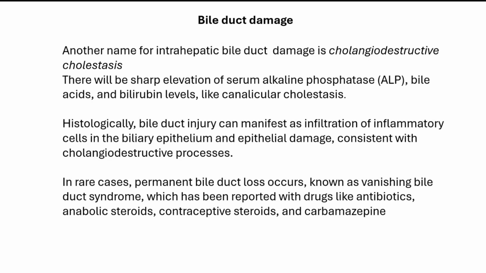Histologically, bile duct injury can manifest as infiltration of inflammatory cells in the biliary epithelium and epithelial damage consistent with cholangiodestructive processes. In rare cases, permanent bile duct loss can occur, known as vanishing bile duct syndrome, which has been reported with drugs like antibiotics, anabolic steroids, contraceptive steroids, and carbamazepine.